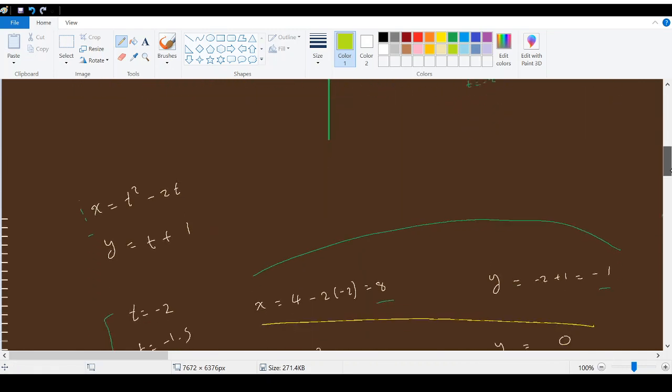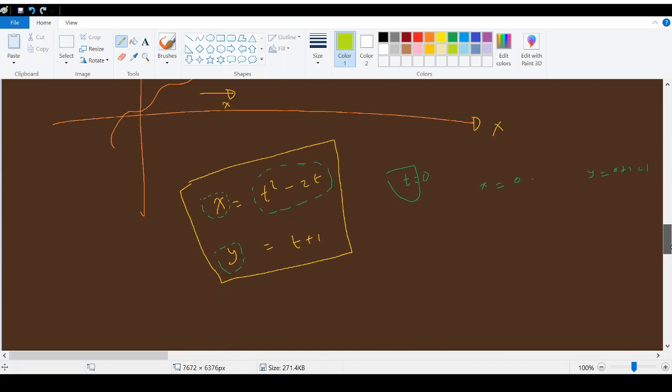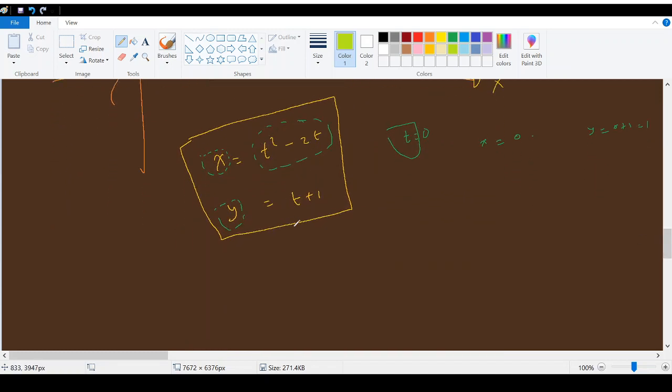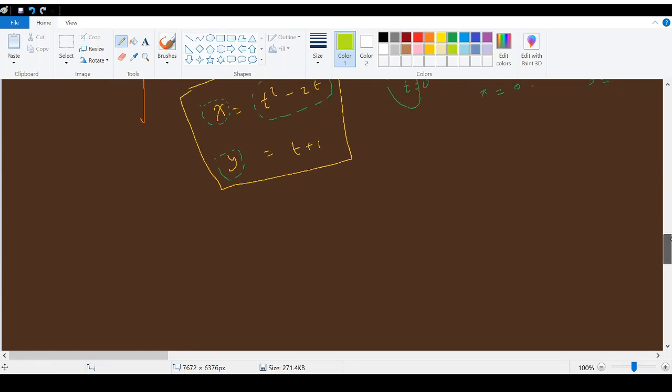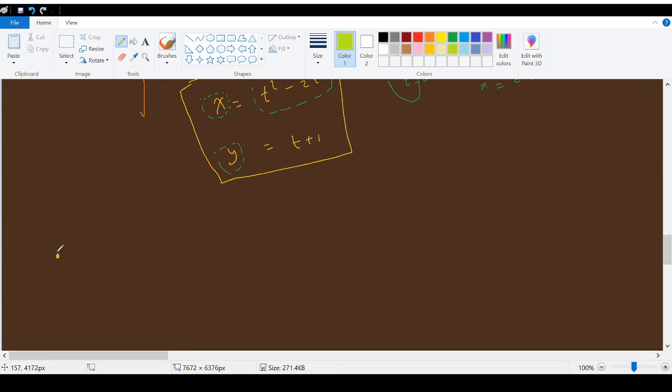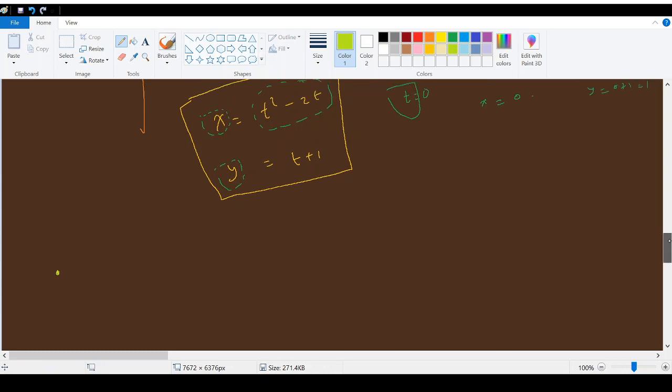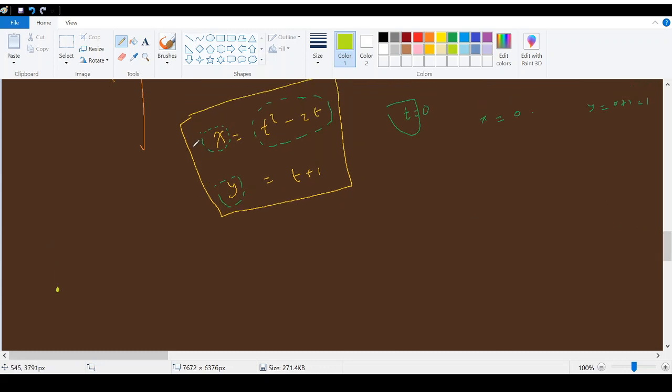Then in this subject of parametric equations we introduced a third variable, and now we try to see whether it is possible to come up with a relationship between x and y. I mean, we are trying to see whether we can express y as a function of x or x as a function of y without using this third variable.